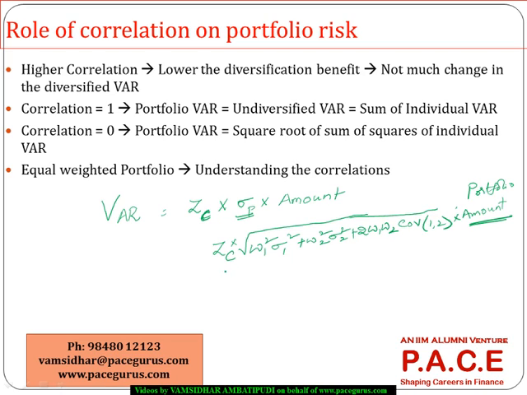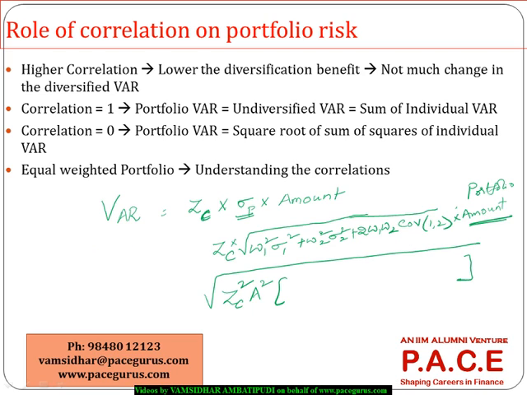Now if I carry this also into the square root, it becomes the Z score squared into the amount squared into this entire thing: W1 squared sigma 1 squared plus W2 squared sigma 2 squared plus the covariance term.